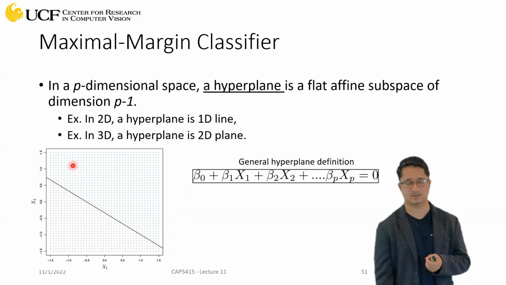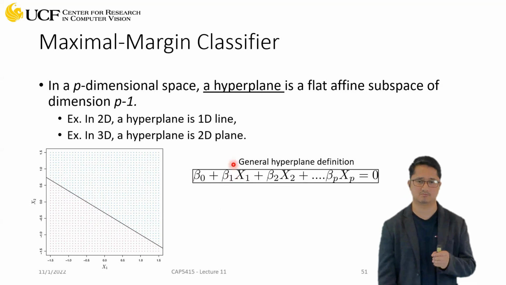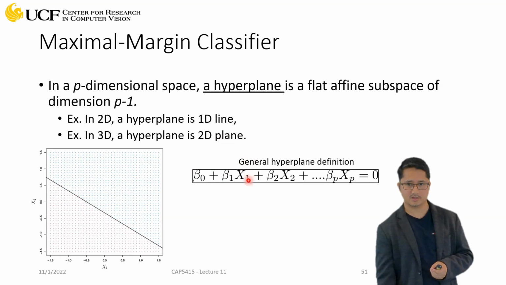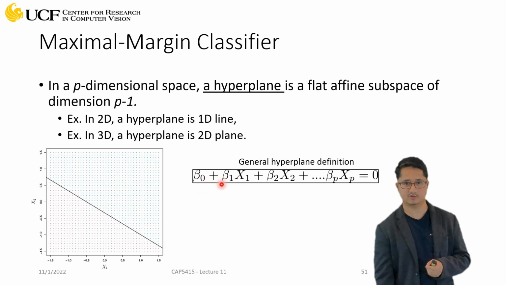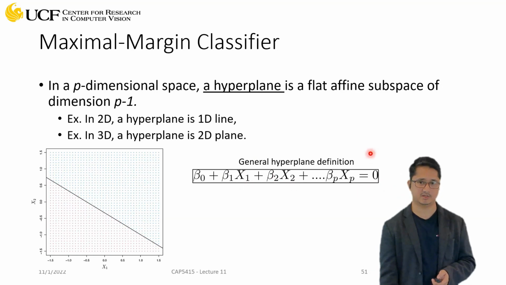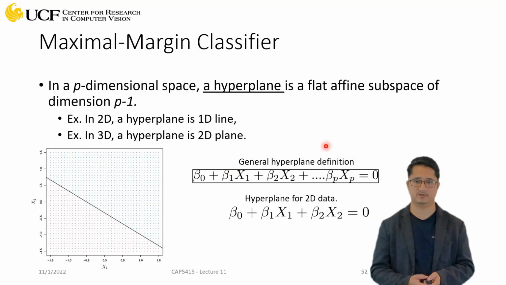And then you need the slope of your line. This β1 is not exactly the slope, but it controls your slope, because you can compute the slope using this parameter. So in case of a 1D line, you only need these first two terms, β0 plus β1 times x1, and that will define your one-dimensional line. Similarly, if you increase the dimensionality of your space or your features, you can keep adding more dimensions. In general, this will be the representation of your maximum margin classifier. That's how the hyperplane will really look.